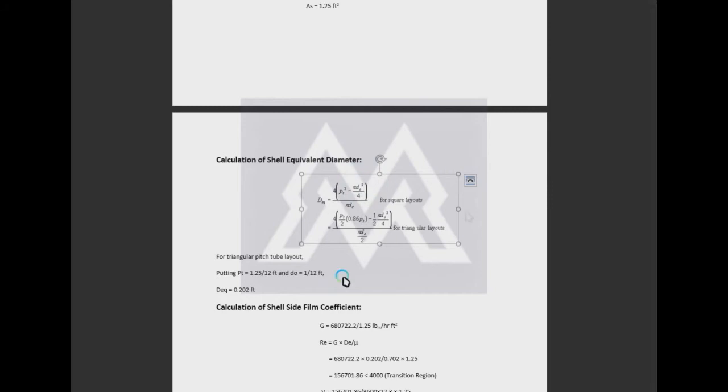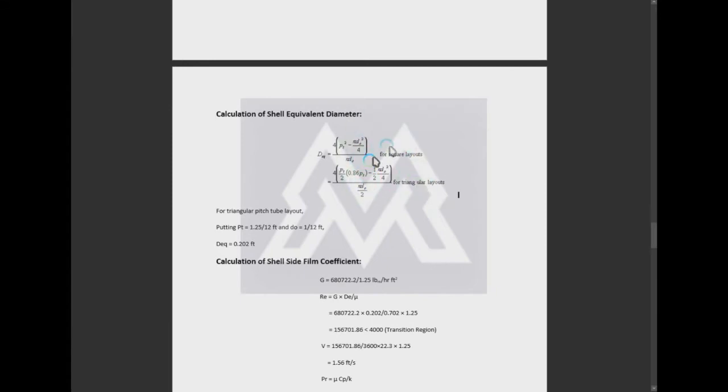It is based on the layout of the tubes, which shows the configuration or arrangement of the tubes inside the shell. For literature review, you can visit chapters 6 and 7 of Process Heat Transfer by D.Q. Kern.